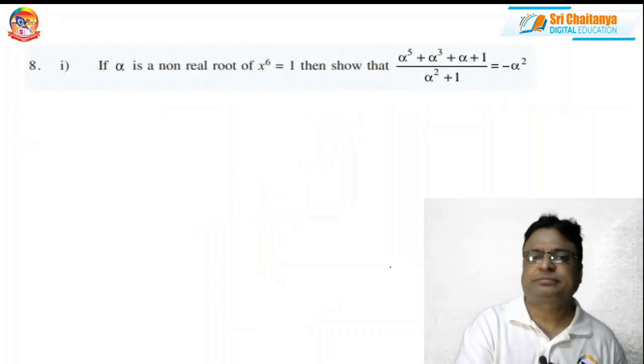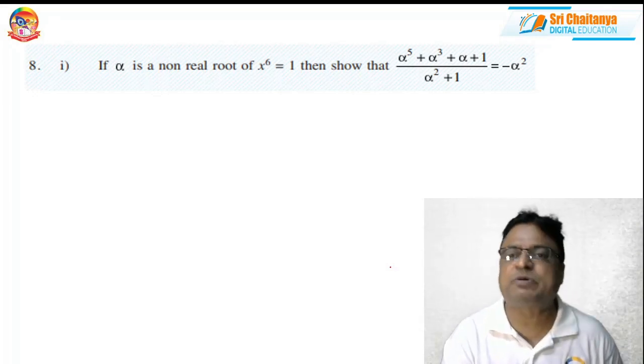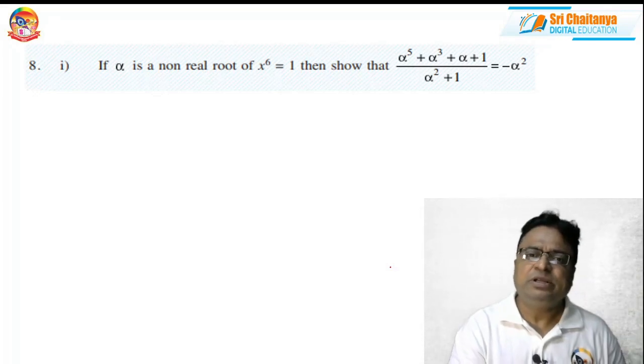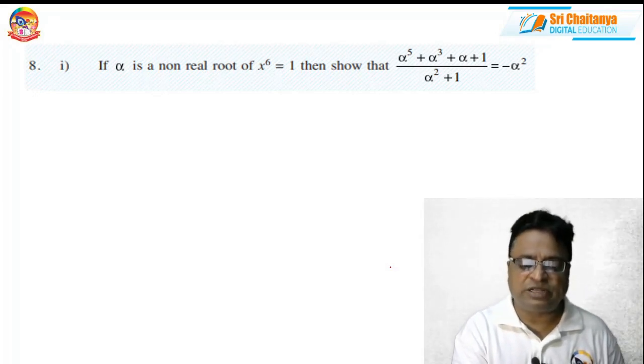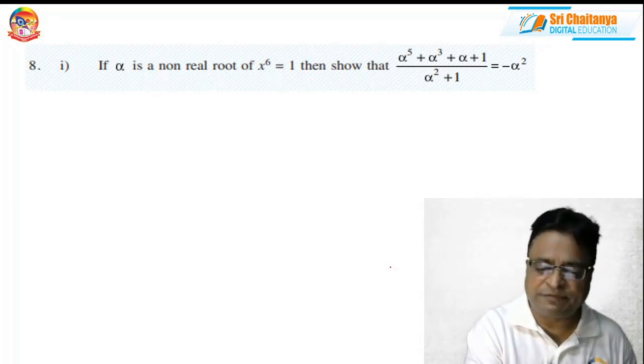Coming to question number 8: if alpha is a non-real root of x power 6 minus 1 equal to 0, then show that something. This is the business of sixth roots of unity.